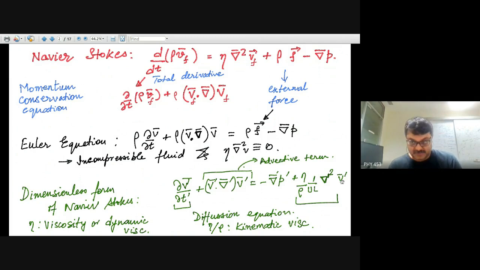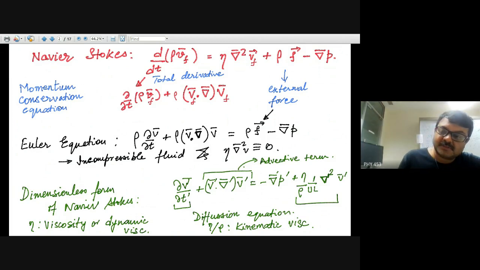viscous term, and that can be written as, so U is a standard velocity, the characteristic velocity of the flow field. L is the characteristic length scale. Rho is the density, right?